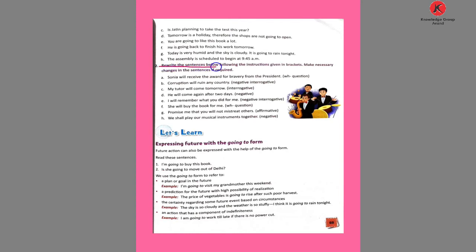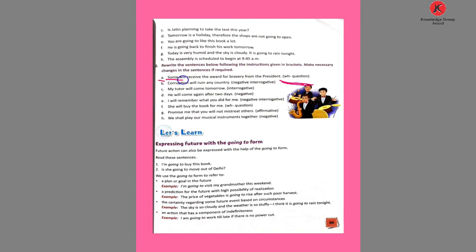Now see the second. Rewrite the sentences below following the instruction given in the brackets. Make necessary changes in the sentences if required. Here the WH question, negative interrogative, affirmative and negative are given in the brackets. Through this instruction we can change the sentence. Here what is the sentence?